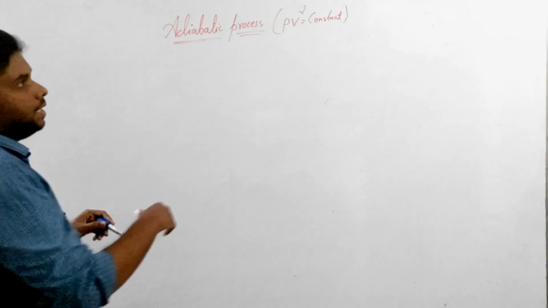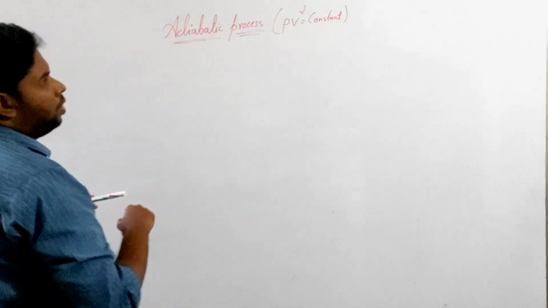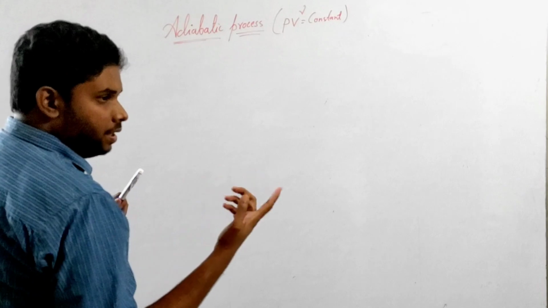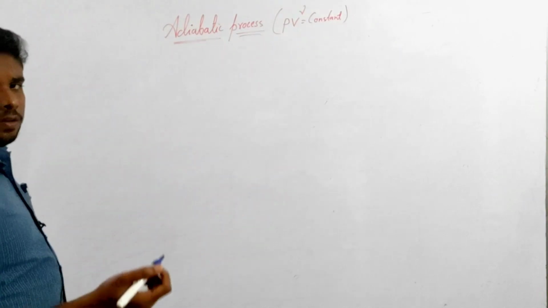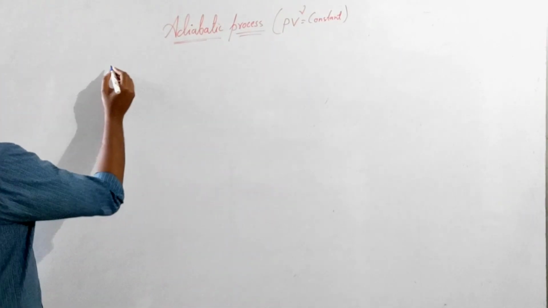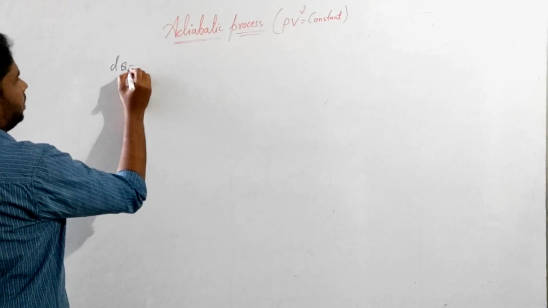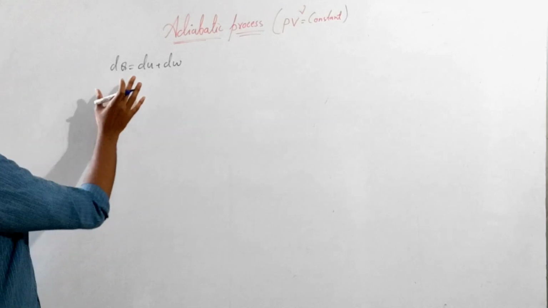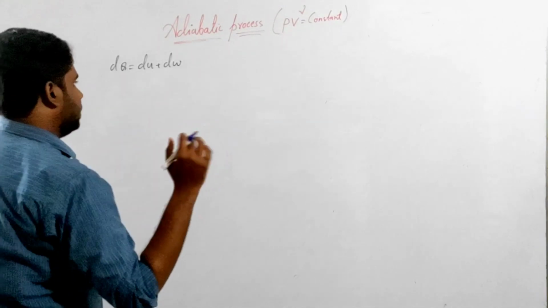Now coming back to the relation PV^γ = constant. We consider the energy equation, or the differential equation of the first law of thermodynamics. I can write dQ = dU + dW. We have already discussed this in the previous video.